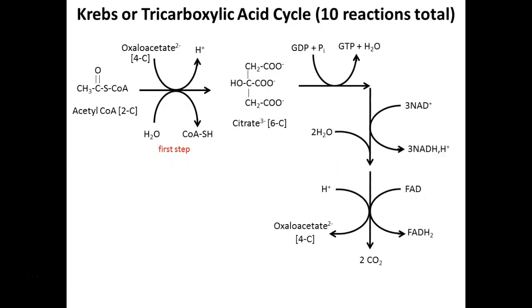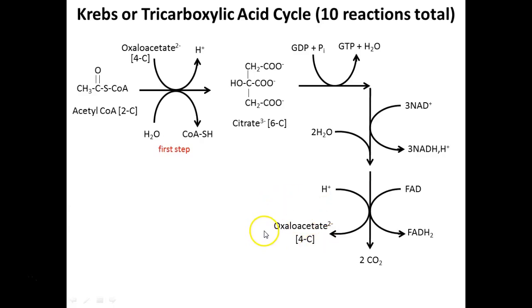Unfortunately, lots of names. But we can break down this molecule, and as we do that, we release the carbons in the form of carbon dioxide. We remove these carbons that we added and release them as carbon dioxide. We're going to take away a whole bunch of electrons using electron carriers. So you'll see we generate 3 NAD to NADH, and a new electron carrier we haven't talked about yet, FAD, is also used in this process.